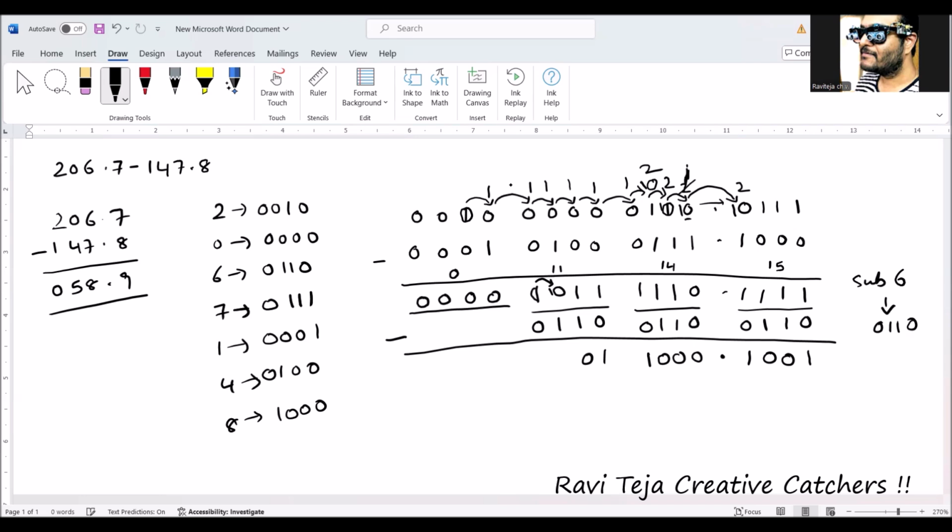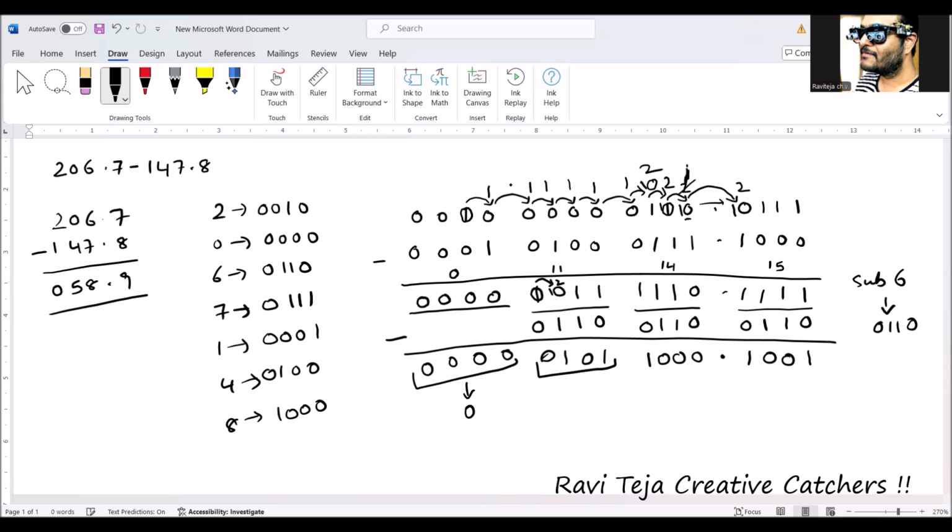So this becomes 0 and this becomes 2. 2 minus 1 is 1 and 0 minus 0 is 0, and the remaining all zeros.